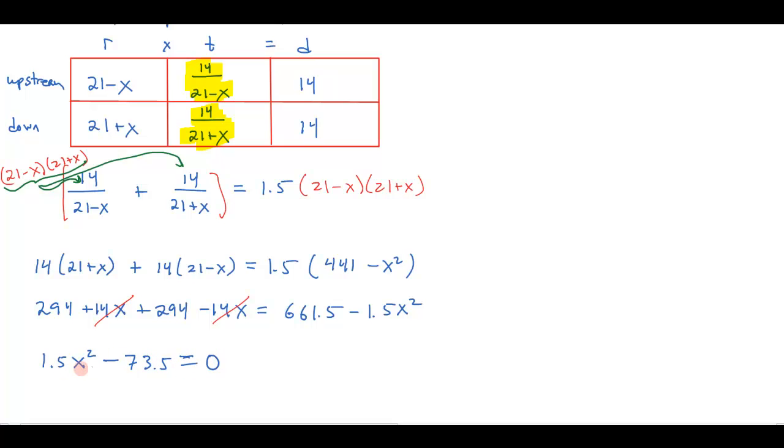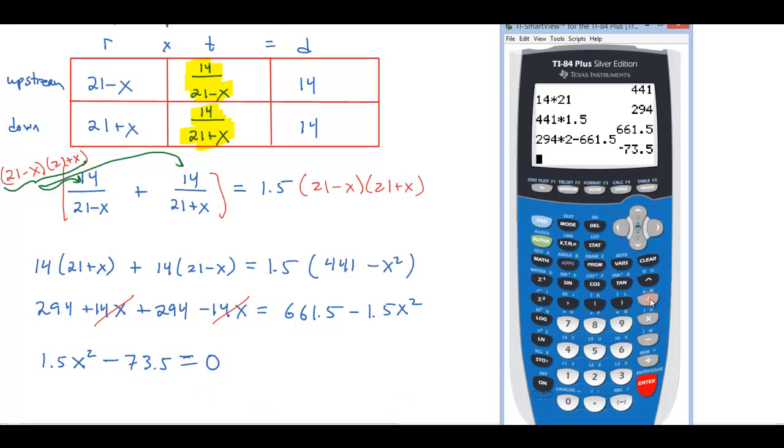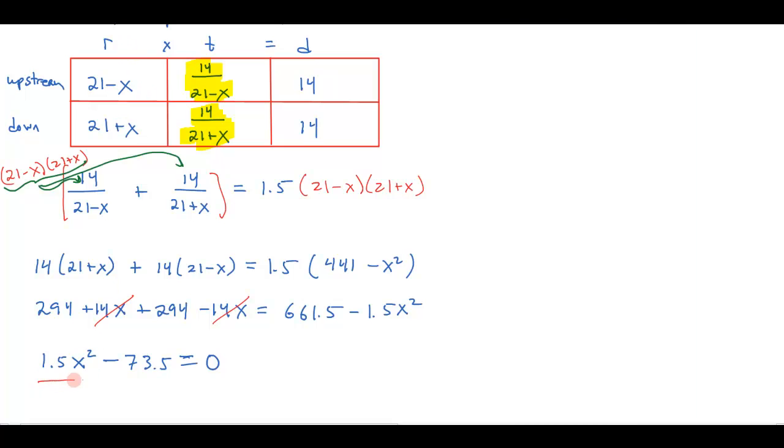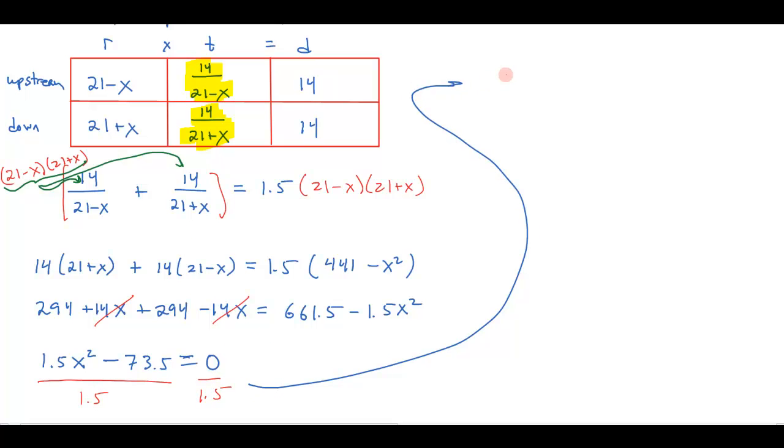So let's see if 1.5 divides into 73.5. So let's divide that by 1.5. Oh, that's very good. That's wonderful. Okay, so let's just divide it out rather than factoring it out. Then it just goes away. All right, so now I know that x squared minus 49 is equal to 0, and I can factor that one pretty easy.